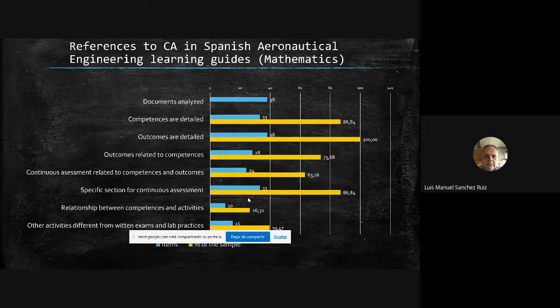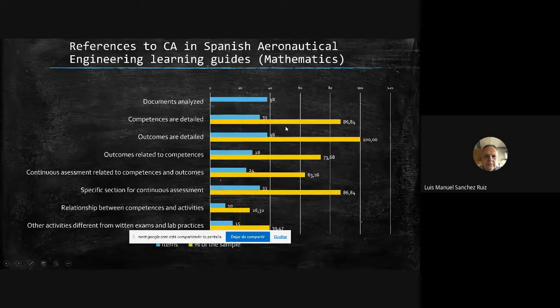So really, through the internet, you can check at any Spanish university what the competences are, and not just the syllabuses of each subject, and look at how many provided information about mathematical competences or continuous assessment. And here you have the document that we analyzed just with mathematics subjects in aerospace. Aerospace is not given in every Spanish university.